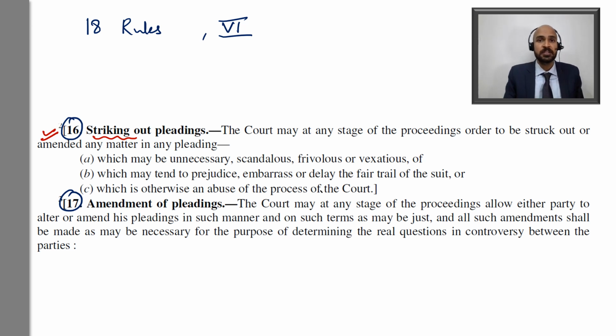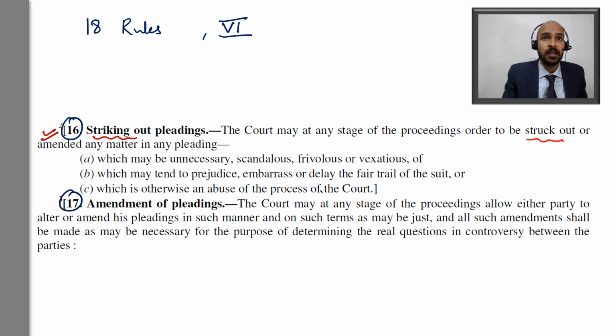So let us say it is found that the pleadings contain things which are unnecessary, scandalous, frivolous, or vexatious, or it delays the fair trial or embarrasses the process of fair trial, or otherwise abuses the process of the court, then the court may order the pleadings to be struck out.